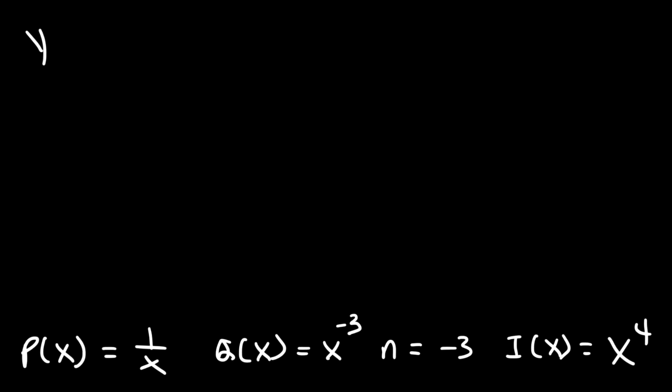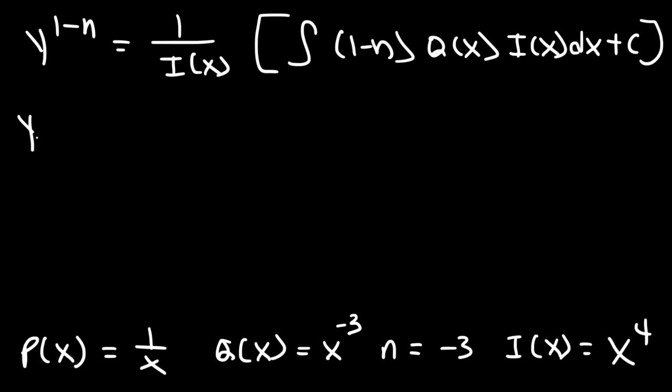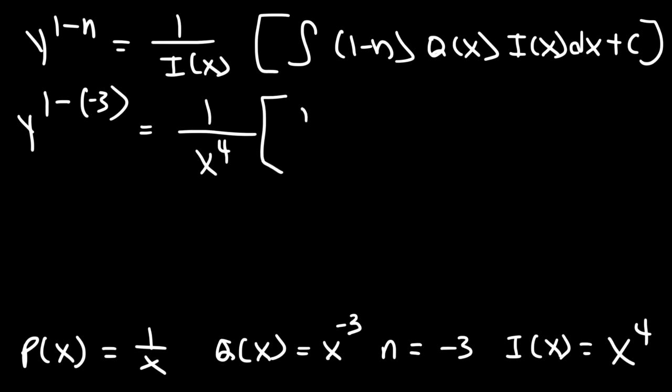Now we could use our final formula to get the answer. So this is going to be y raised to the 1 minus negative 3. And then I of x is x to the 4th.